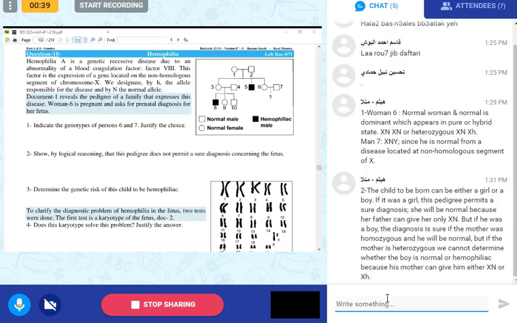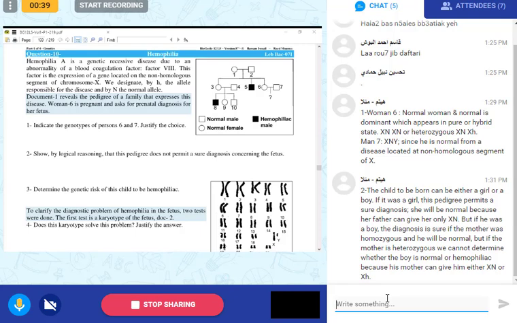The child to be born can be either a girl or a boy. If it was a girl, this pedigree permits a sure diagnosis. She will be normal because her father can give her only XN, and XN is dominant. So whatever the other X is, XN or XH, this girl is going to be normal.